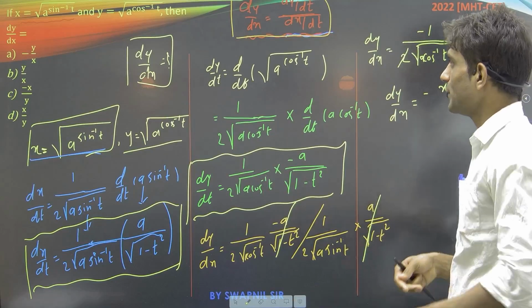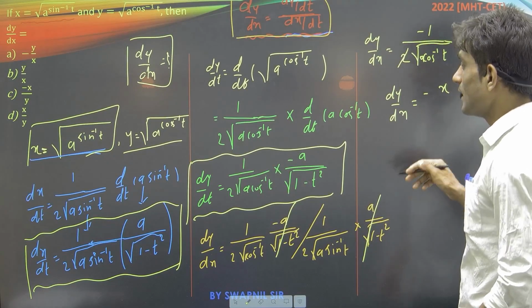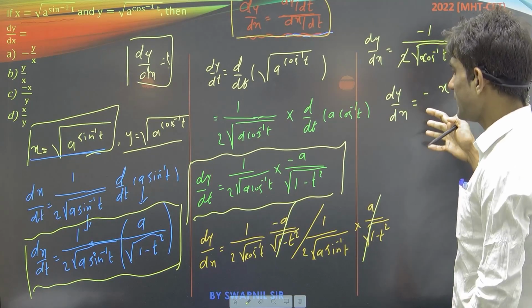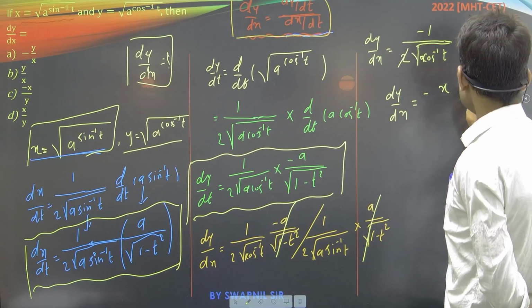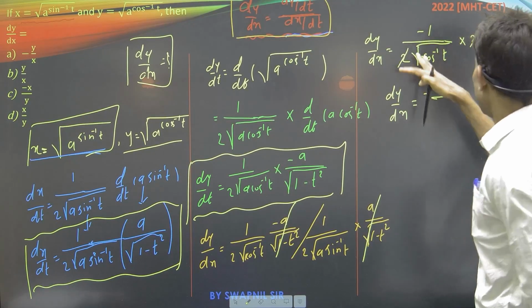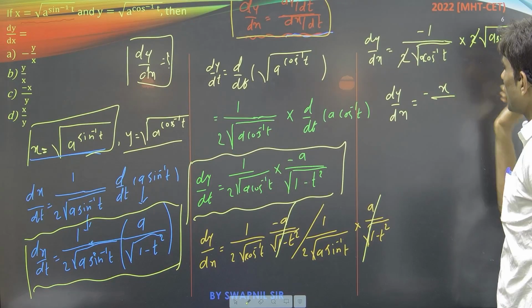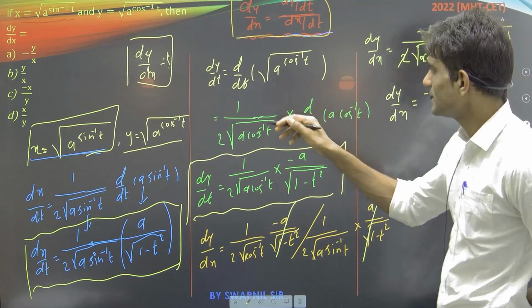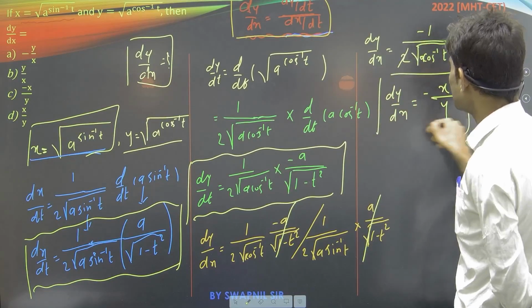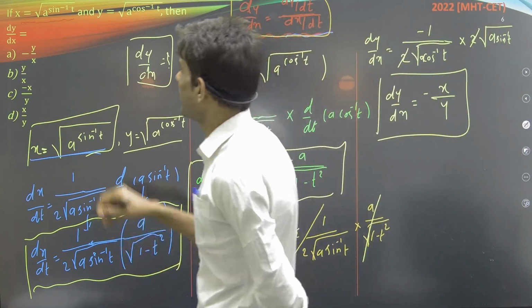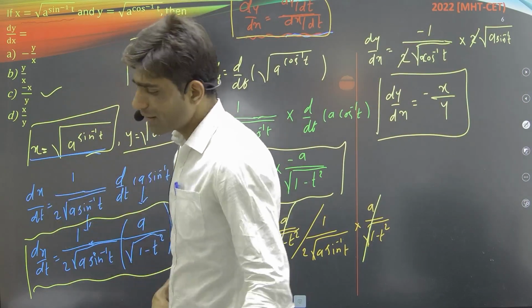Let's find their values. So dy by dx has minus x, and as part of the denominator a cos inverse of t has the value y. So dy by dx gives us negative of x divided by y.